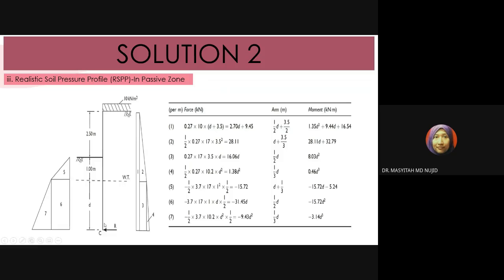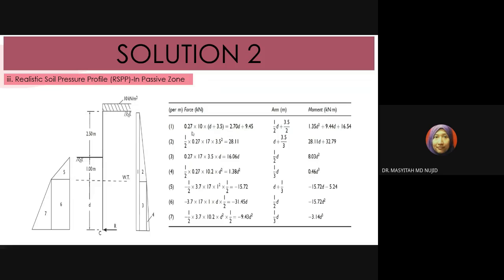And also, because the analysis is done using the realistic soil pressure profile, you have the resultant R, and this resultant force R is acting at C, at the toe of the wall. First you have to draw the pressure diagram. What we can have from here is pressure diagrams 1, 2, 3 and 4. Diagrams 1, 2, 3, 4 are the active pressure diagram, while 5, 6, 7 are the passive pressure diagram.